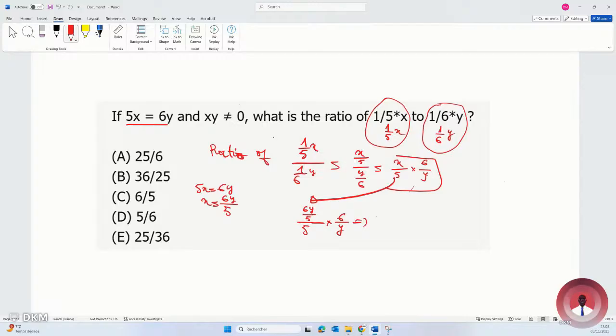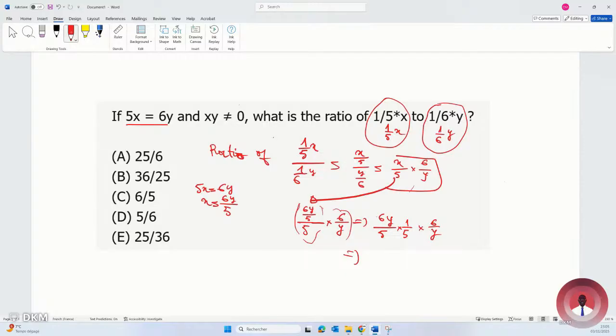So we are going to have 6y over 25. No, so let me explain. This expression can be written as 6y over 5 times 1 over 5. And then we have this expression times 6 over y.